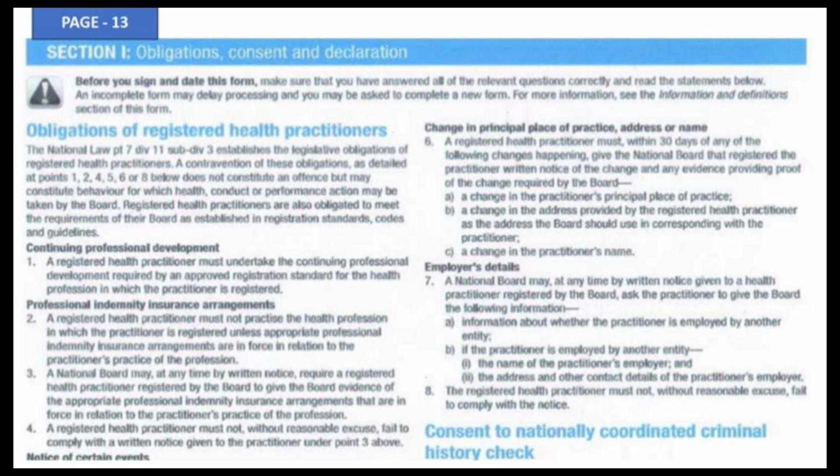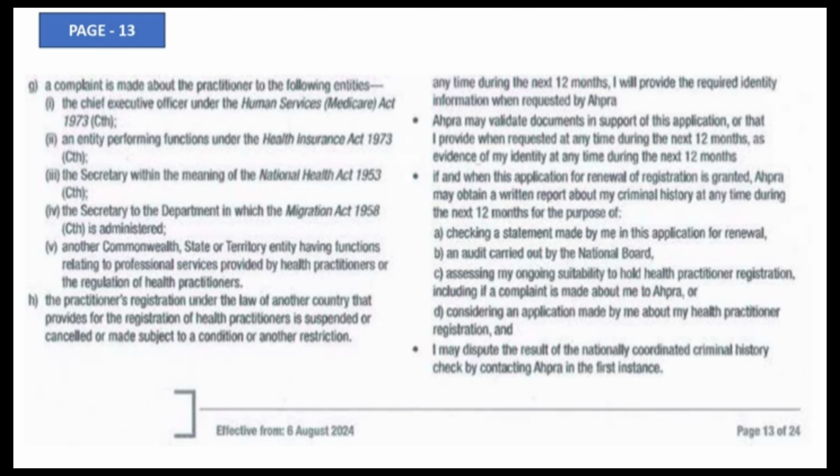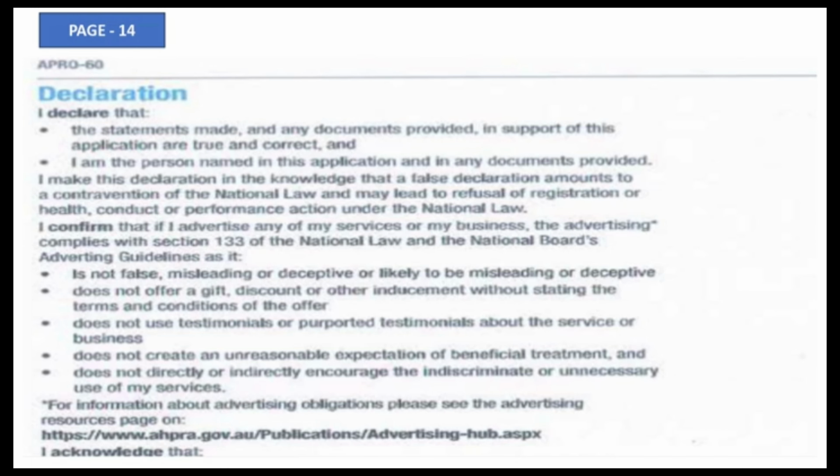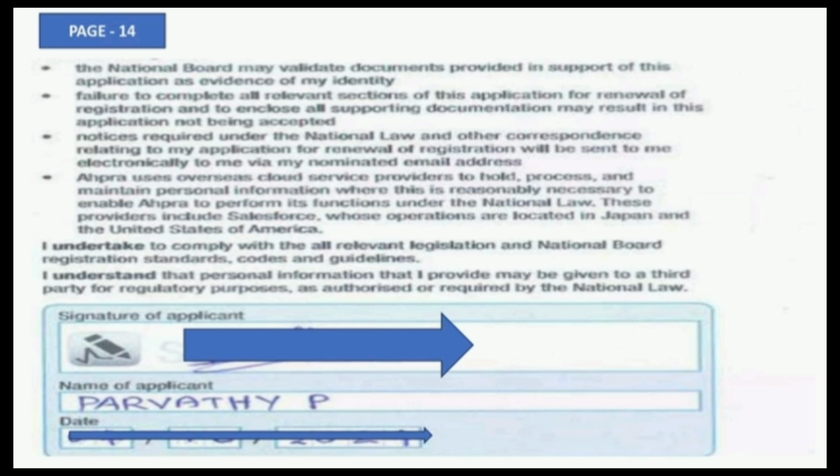Okay. On page 14, they mentioned the declaration for the APRA 60 form. At the end of page 14, we have a signature of applicant portion. In this section, we want to sign it, and the name of applicant and date also we want to mention.